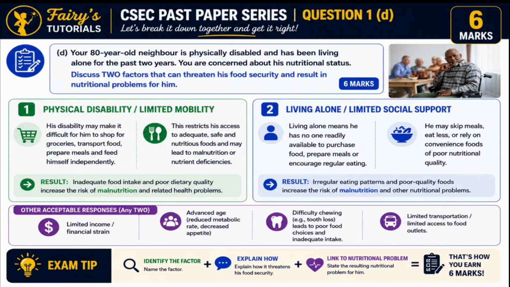So irregular eating patterns and poor quality foods increase the risk of malnutrition and other nutritional problems. All right. So 2 ideal responses there: physical disability, limited mobility, and also living alone and limited social support. So we're thinking about the social factors and also the psychological factors that may be influencing him, right?